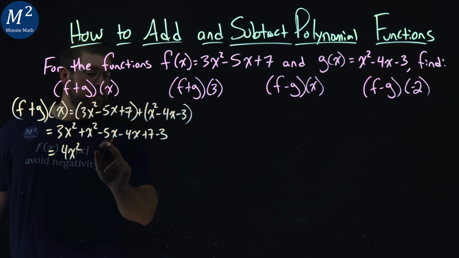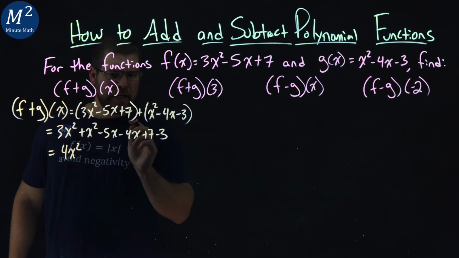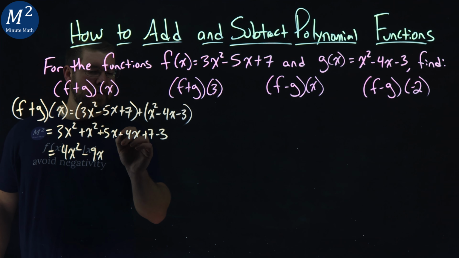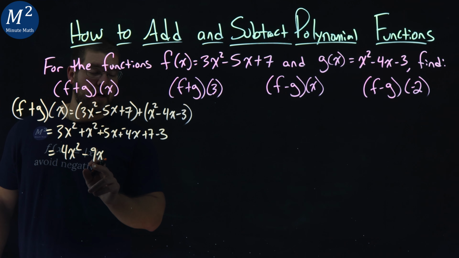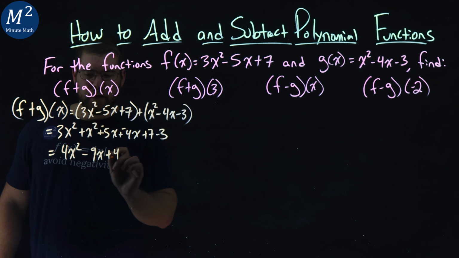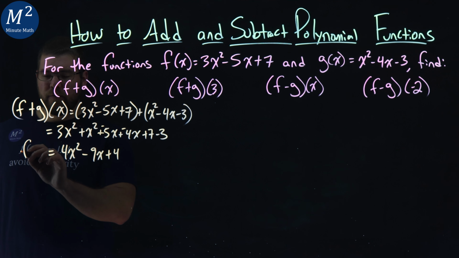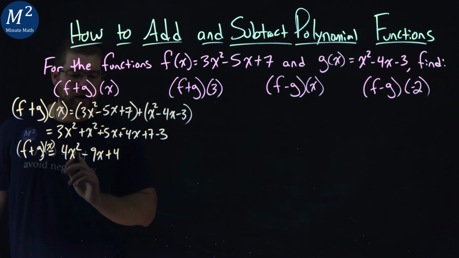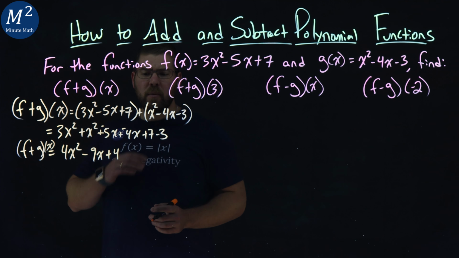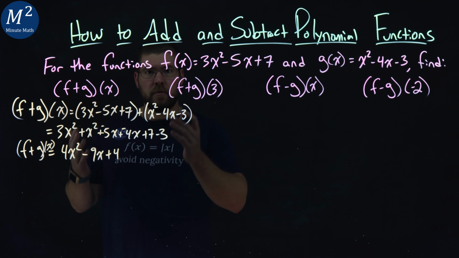Minus 5x minus a 4x is minus 9x, plus a negative 5x plus a negative 4x, negative 9x. 7 minus the 3 is a 4, so we have plus a 4 here. So we found that f plus g of x is 4x squared minus 9x plus 4.